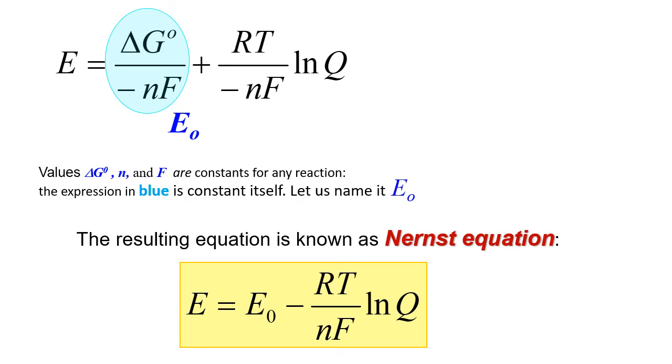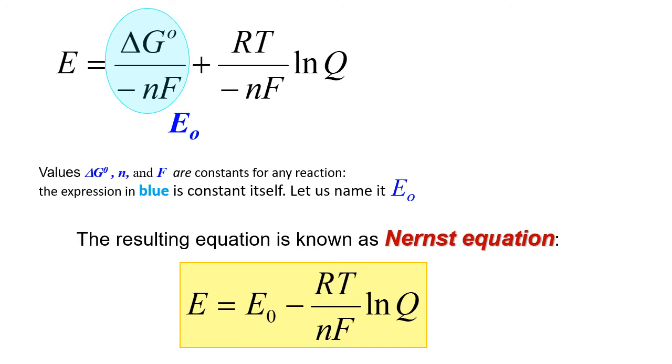Here, delta G0, n, and F are constant numbers for any specific reaction. Let's write E0 for this constant.